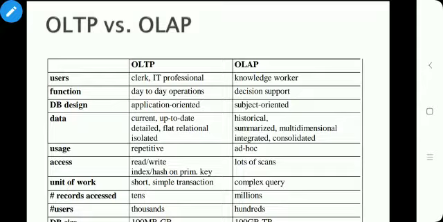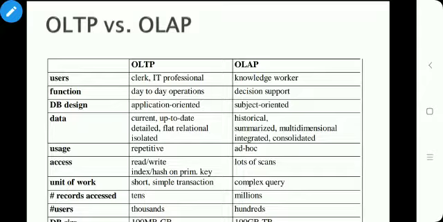So OLTP is used by customers as well as clerks and all the persons, and OLAP is used only by the management persons or decision makers to make decisions. Then for OLTP we are using ER diagrams, entity relationship diagrams, whereas for OLAP we are using star, snowflake and fact constellation schemas.